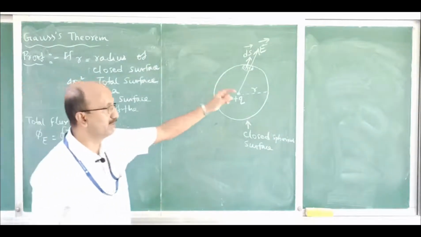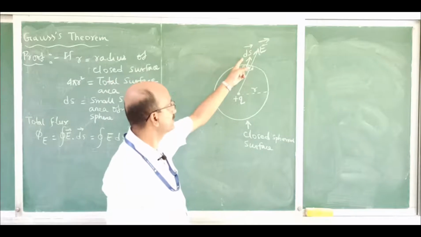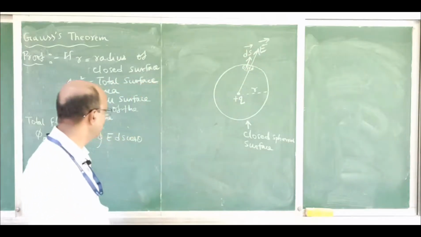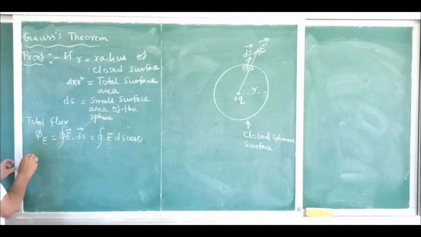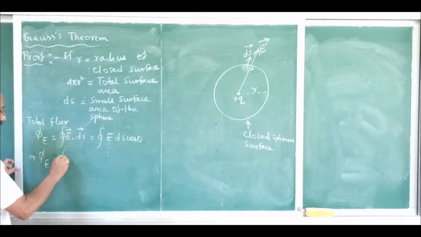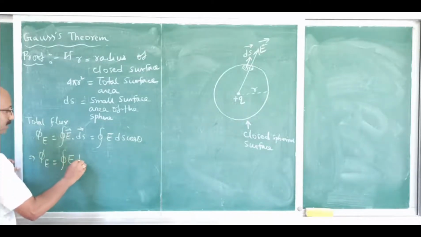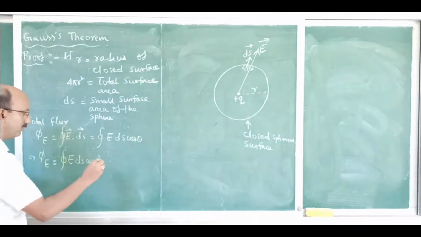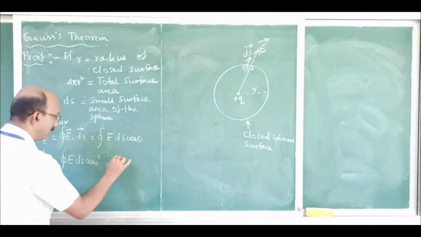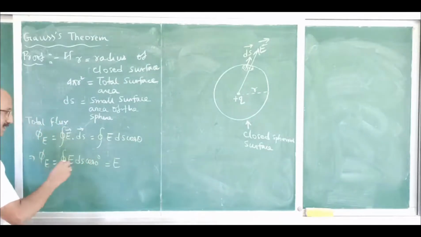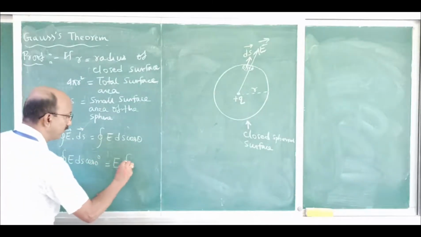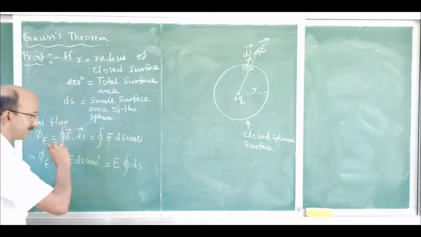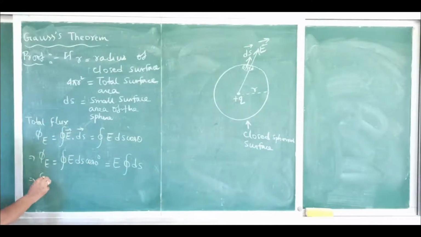What do you see here in the figure? Vector ds and vector E are parallel to each other, so this theta is 0 degree. So what you get is integration of E ds cos 0 degree. Cos 0 is 1. So E will come out of this integration, only integration of ds. Now what does integration of ds mean?